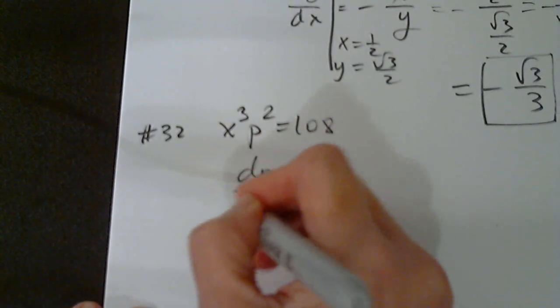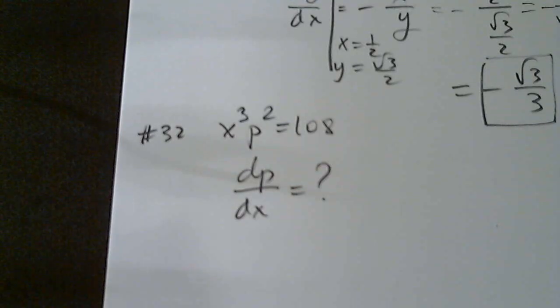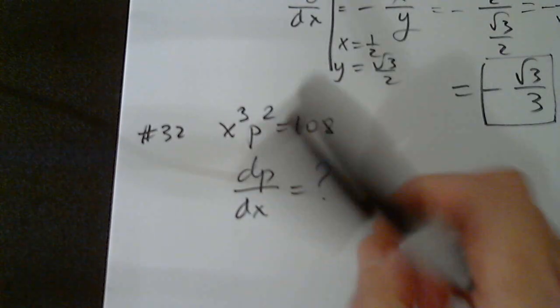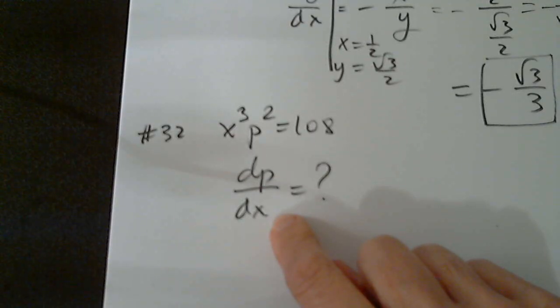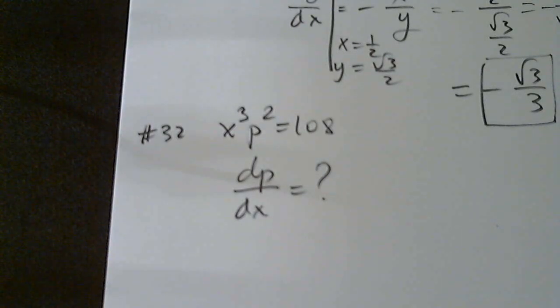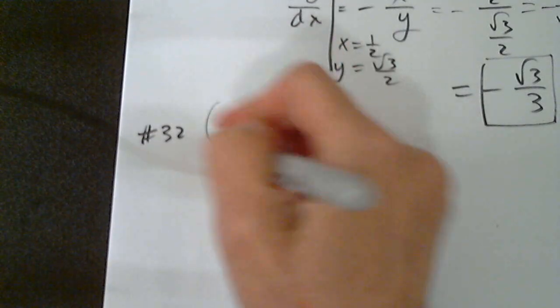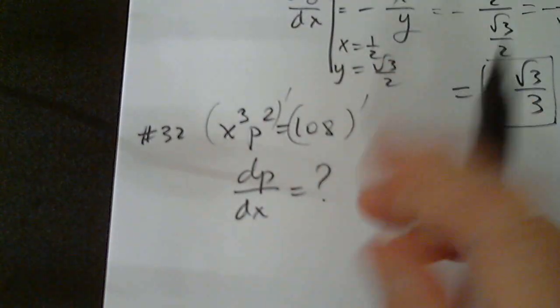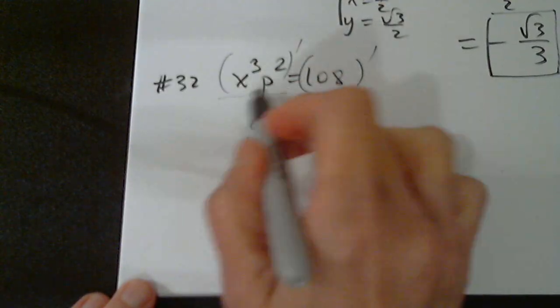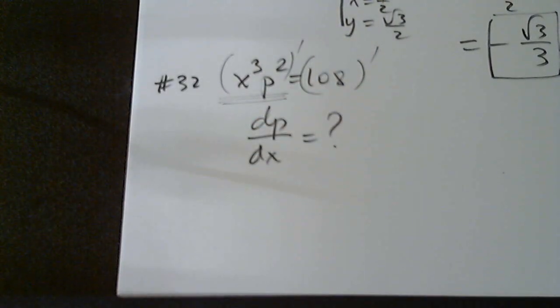So dp over dx is the derivative of p, and it also tells us that p is a function of x. Good. Very good. So I differentiate the left, I differentiate the right. What differentiation rule will I have to use here at x cubed p squared?